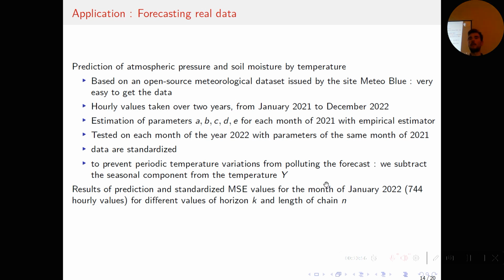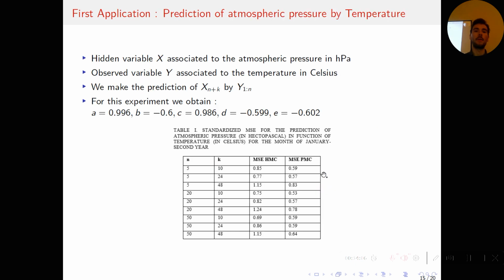I present it only for the month of January 2022, for different values of horizon K and different lengths of chain N. For the first experiment, the hidden variable X is associated to the atmospheric pressure, and the observed one is Y, the temperature. For this experiment, we obtain these values for covariances.